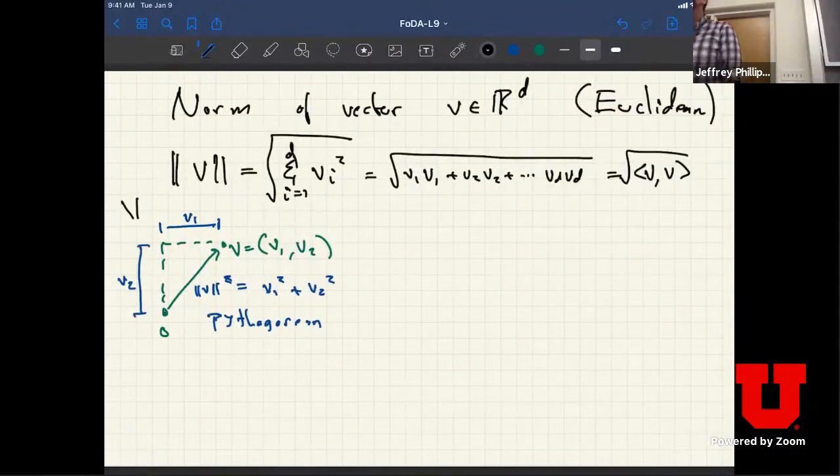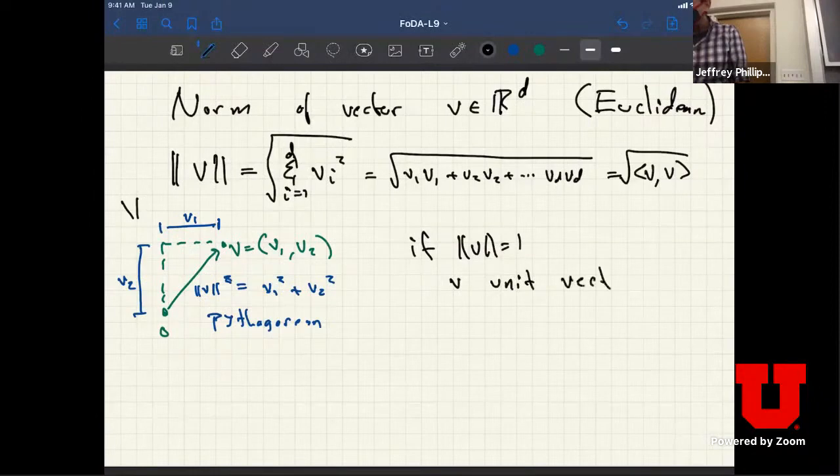Okay, now v can have any length here. I'm not restricting it to 1. If the length of V is equal to 1, this special case I needed before, then V is going to be a unit vector, where unit refers to 1.